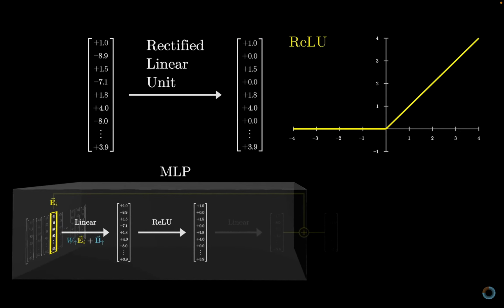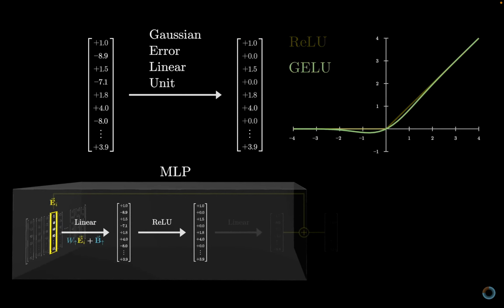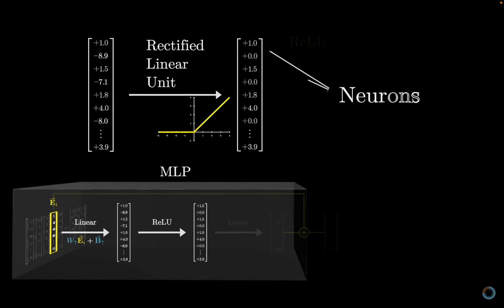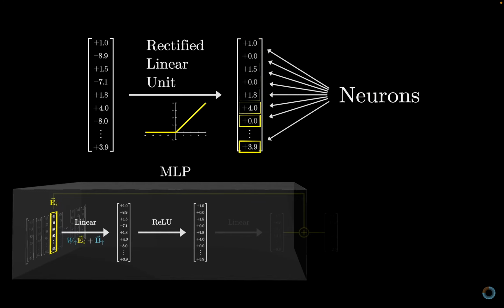Often, models will use a slightly modified function that's called the GELU, which has the same basic shape, it's just a bit smoother. But for our purposes, it's a little bit cleaner if we only think about the ReLU. Also, when you hear people refer to the neurons of a transformer, they're talking about these values right here.